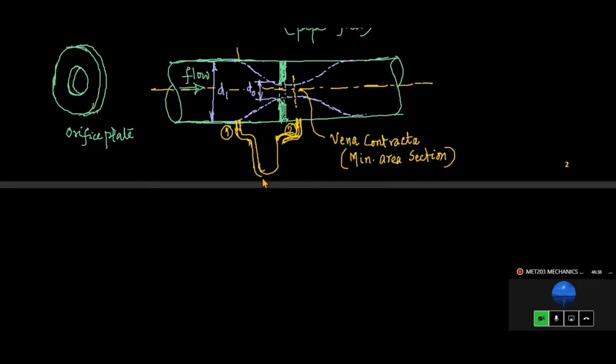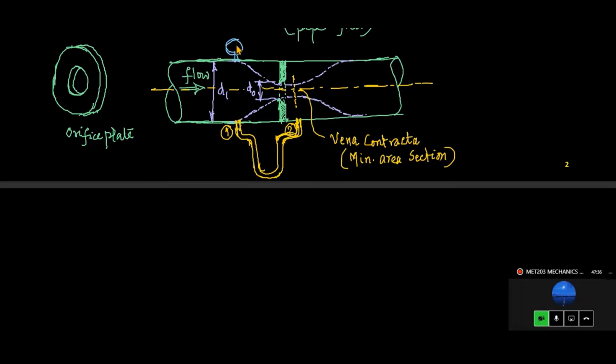When you draw this schematic sketch, do it properly. Simply a line sketch is required, but you have to be careful. So section 1 is here, and section 2 is here, in the plane of vena contracta.